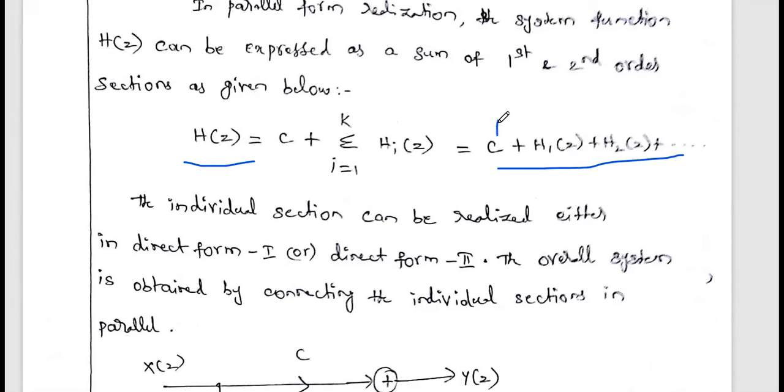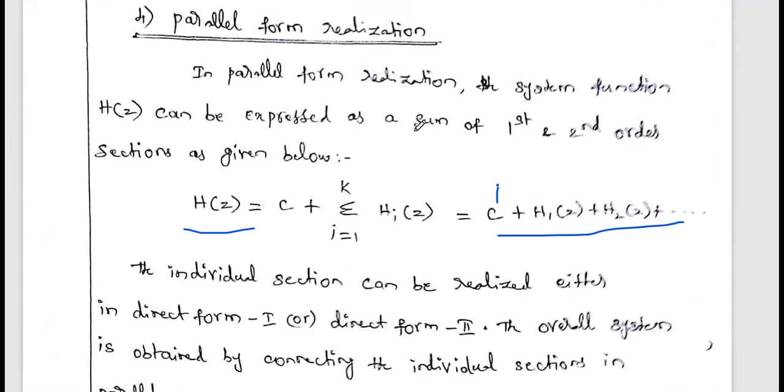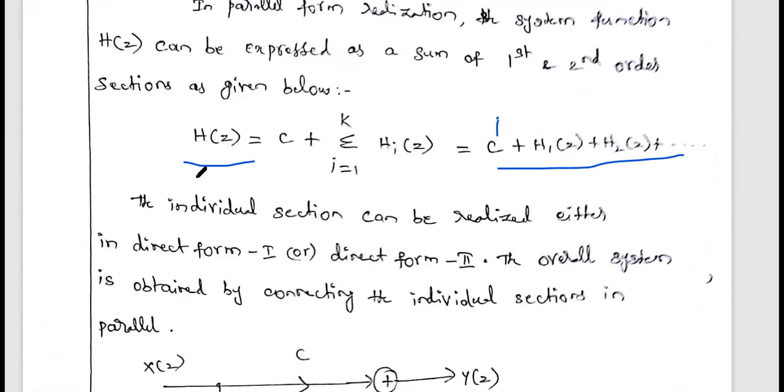First one is c, where c is a constant, plus H1(z) plus H2(z), etc. where H1, H2, H3 are single order transfer functions. Using the partial fraction method, the given H(z) can be split as the addition of H1 plus H2 plus H3, etc.